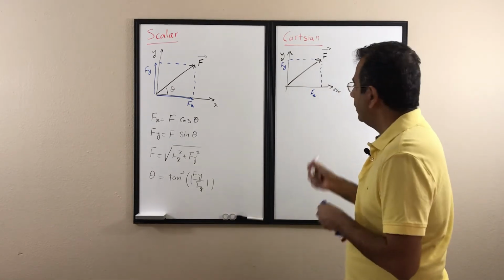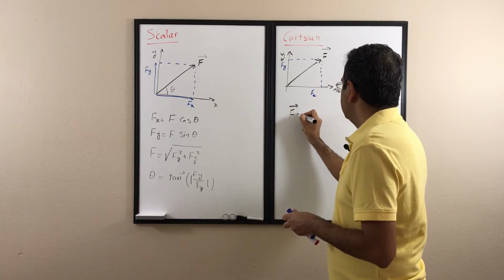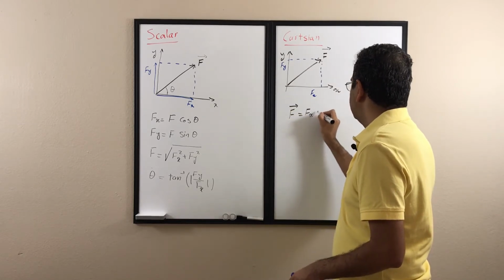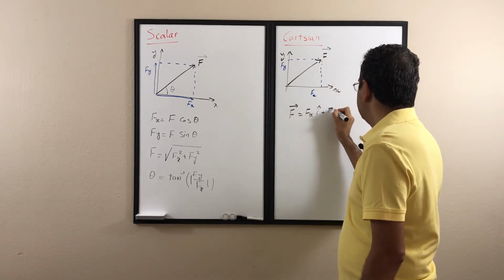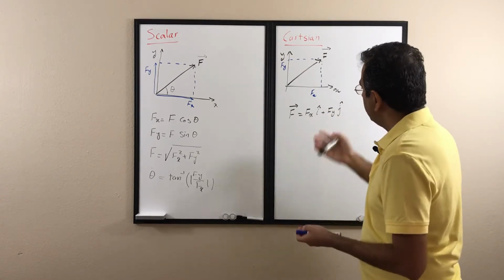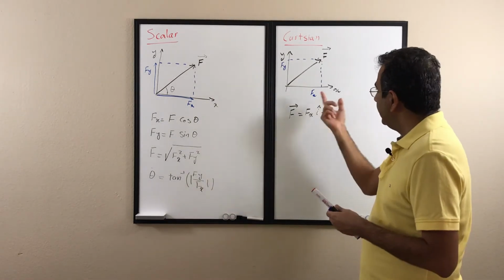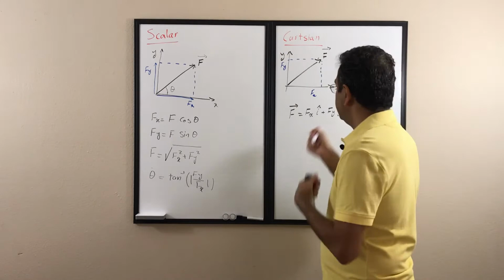This time we write the vector as Fx i plus Fy j. What are i and j? The i and j are the unit vectors along the x and y directions, or axes.